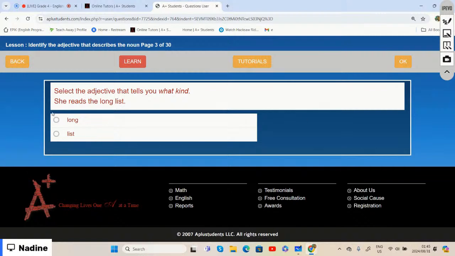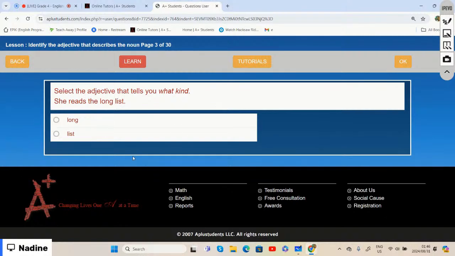All right, so we can say she reads the long list. We need to select the adjective that tells you what kind. She reads the long list. Is it long or is it list?